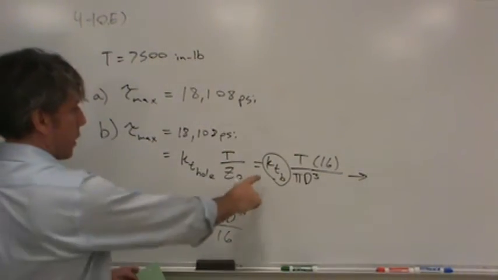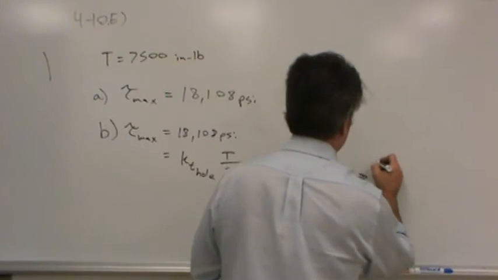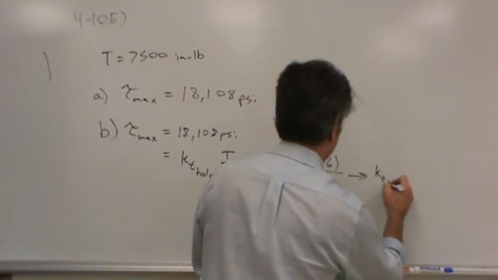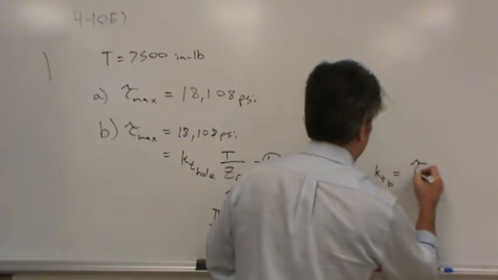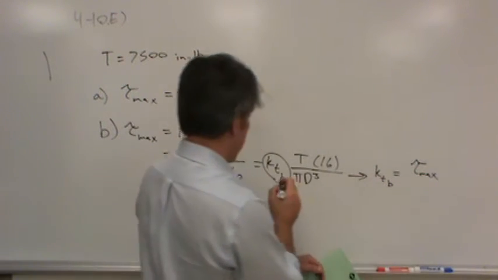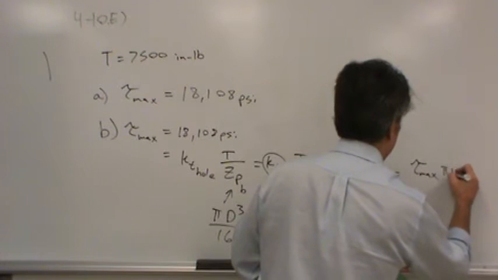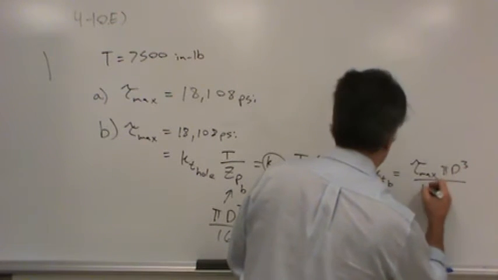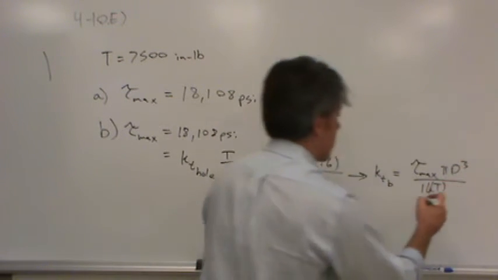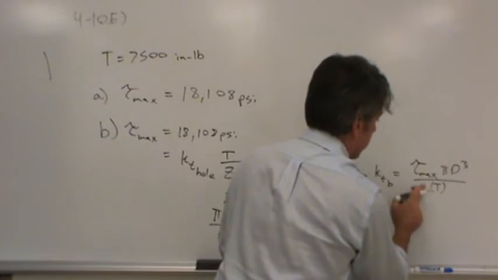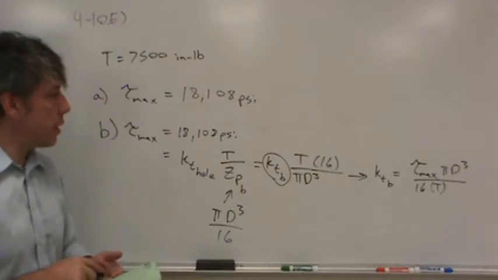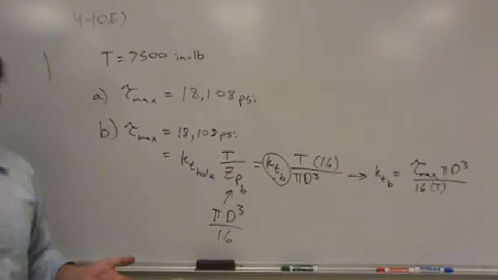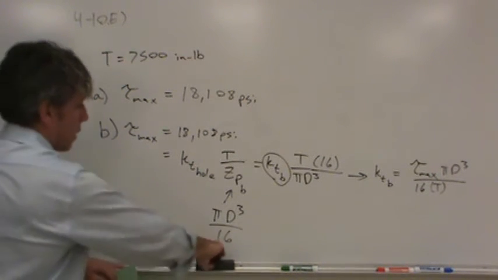So if we want to solve for this, then the stress concentration factor for part B of the problem is the maximum shear multiplied by pi d cubed divided by 16T, where T is the torque. Let me move this a little bit. Okay? You see what I did? All I did is I rearranged and solved for the stress concentration factor.